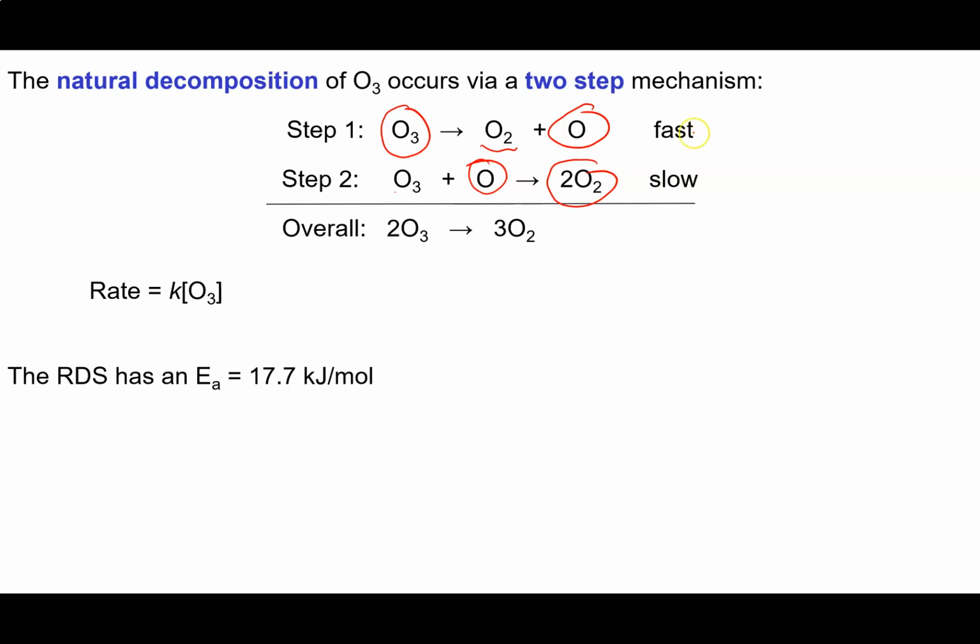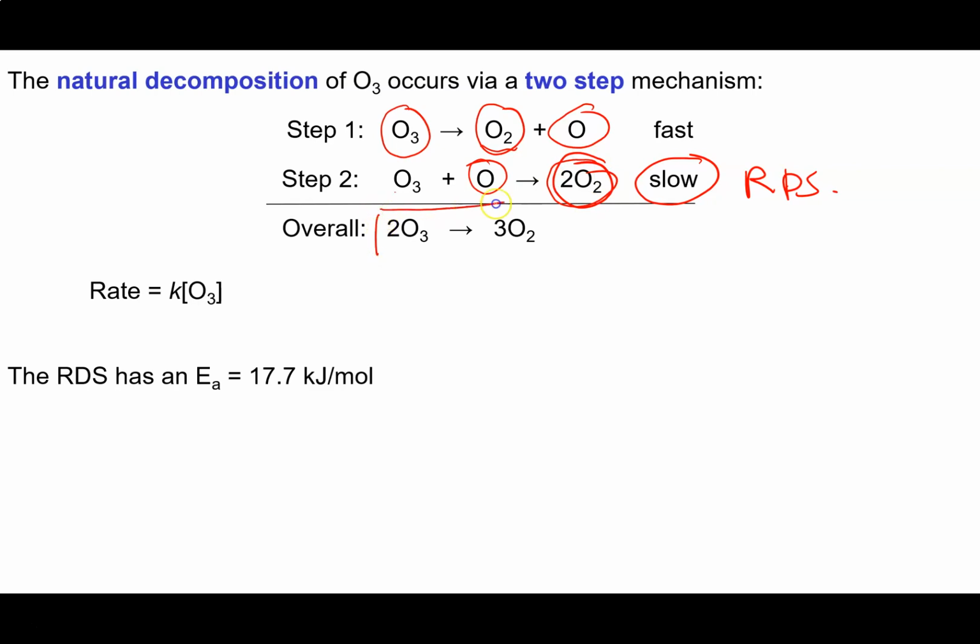The first step is fast, it's not the rate determining step, and it's unimolecular. One molecule of ozone decomposes to form a molecule of O2 and atomic oxygen. In the second step, which is the rate determining step, the slow step, a molecule of ozone reacts with the atomic oxygen produced in the first step to form two molecules of O2.